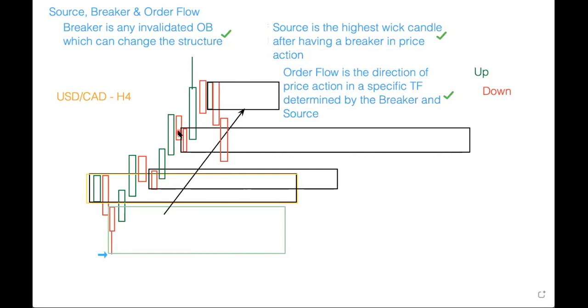So we can see the previous bullish price action, the previous order block, the last order block which moved the price up, it is broken, and this bearish candle closed below. So by definition, a breaker is any invalidated OB which can change the structure.